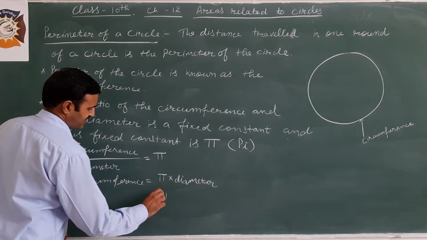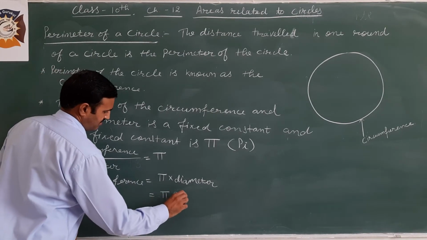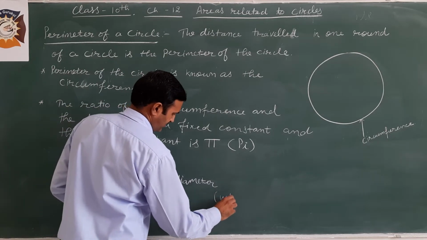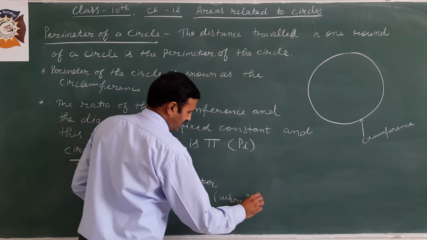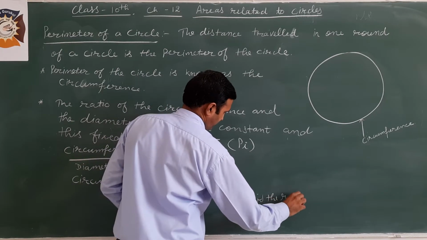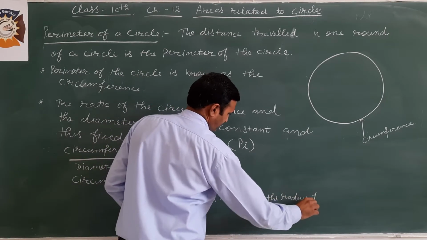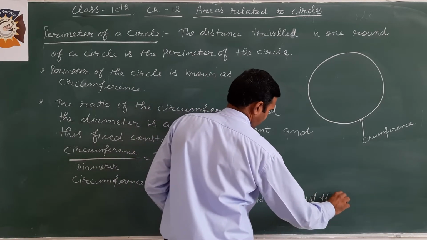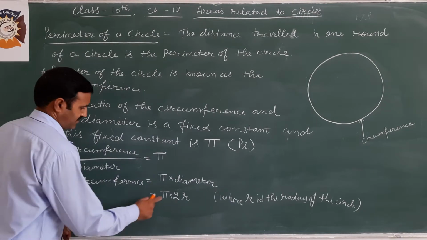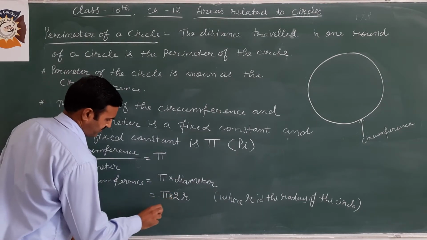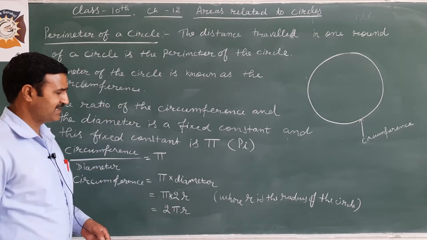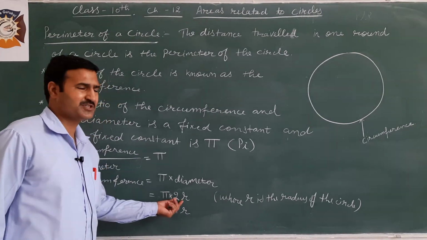If r is the radius of the circle, then the diameter is 2r, so this is 2 pi r.